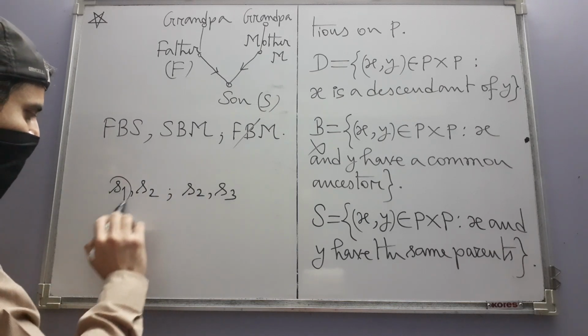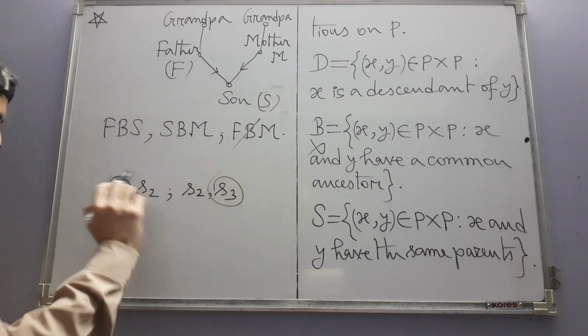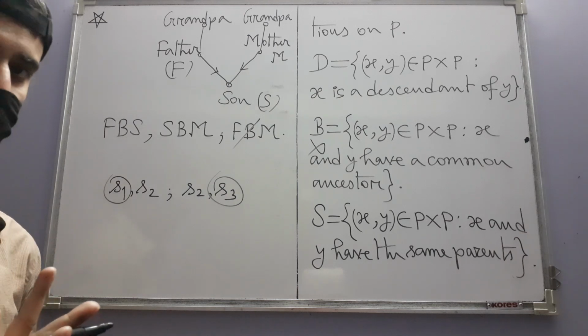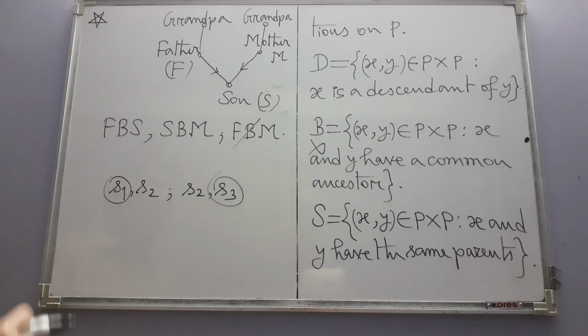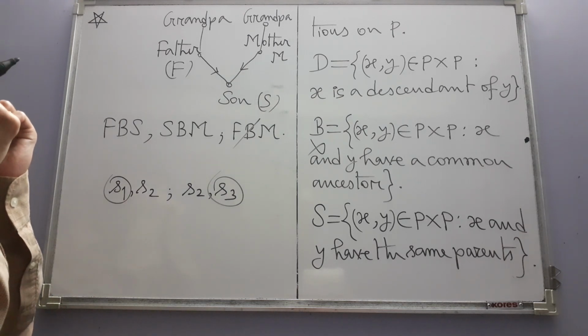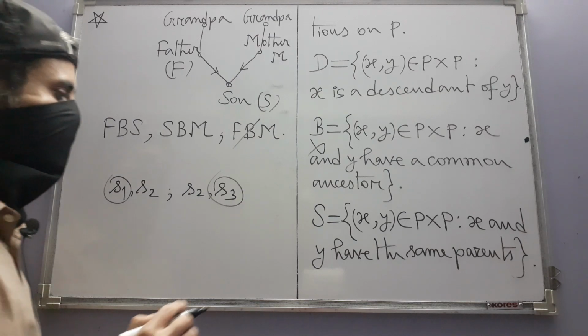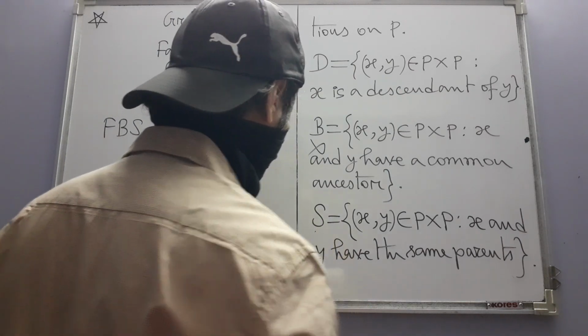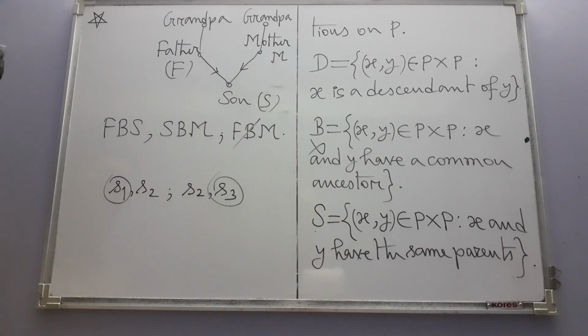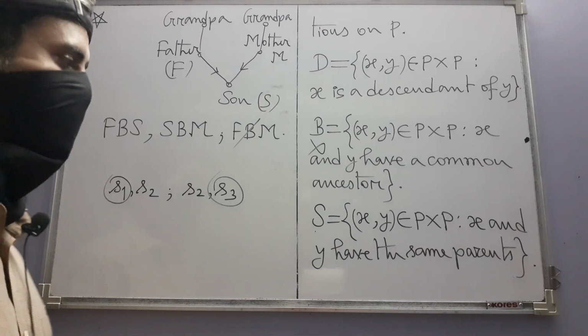So automatically S1 and S3 will have that same father and same mother, and so will also be siblings. So this is transitive. However, this is not comparable, and this is also not non-reflexive.